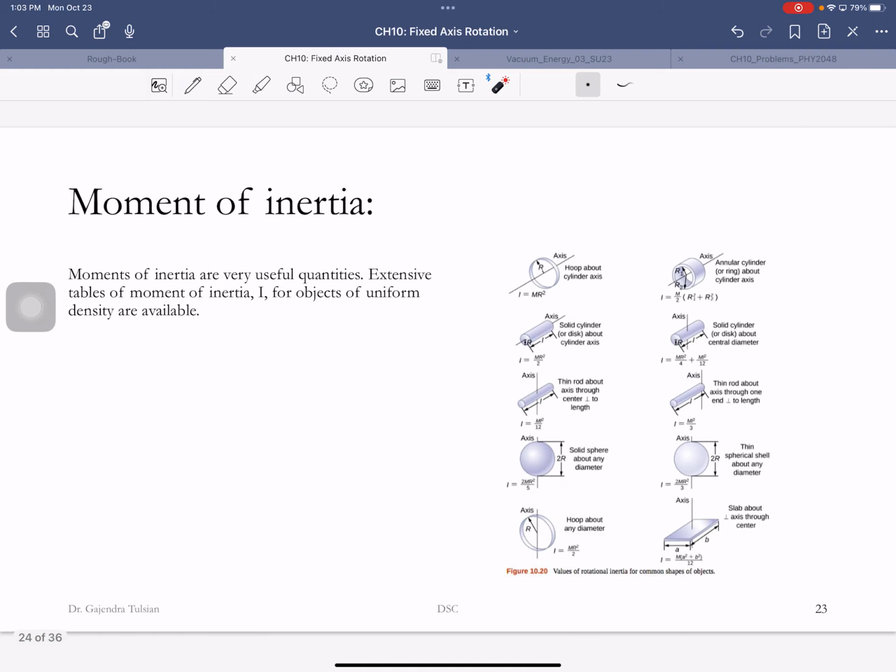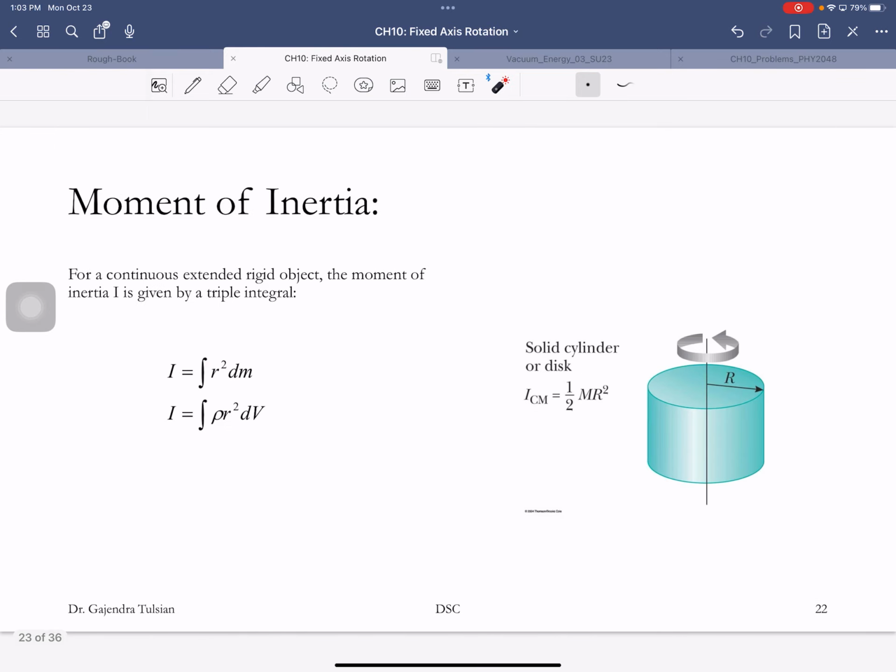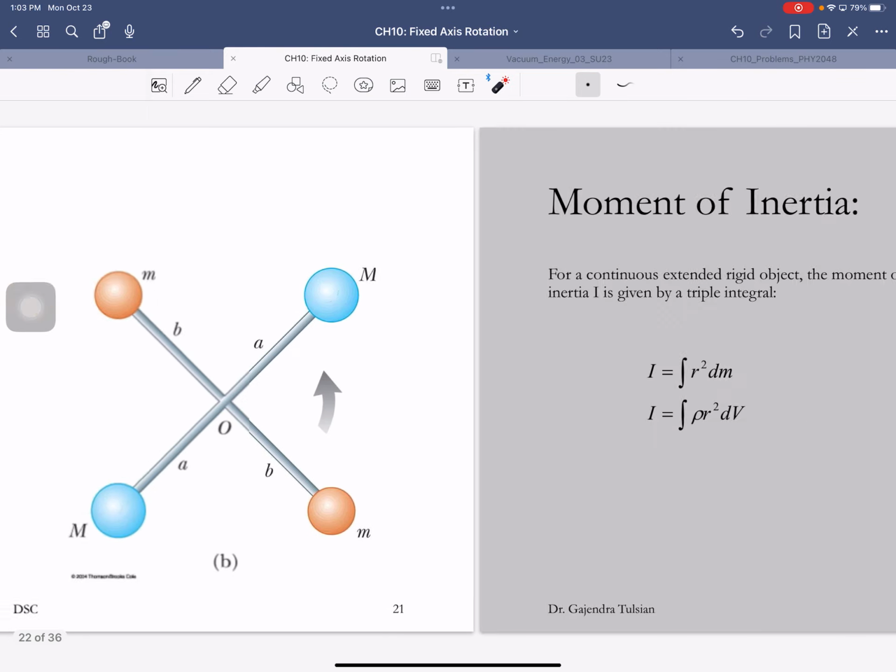So you would do an integral, and here is the moment of inertia for a disk. Here's a cylinder: the moment of inertia about that axis going through the center is 1/2 mr squared. Somebody has done this integral for you.